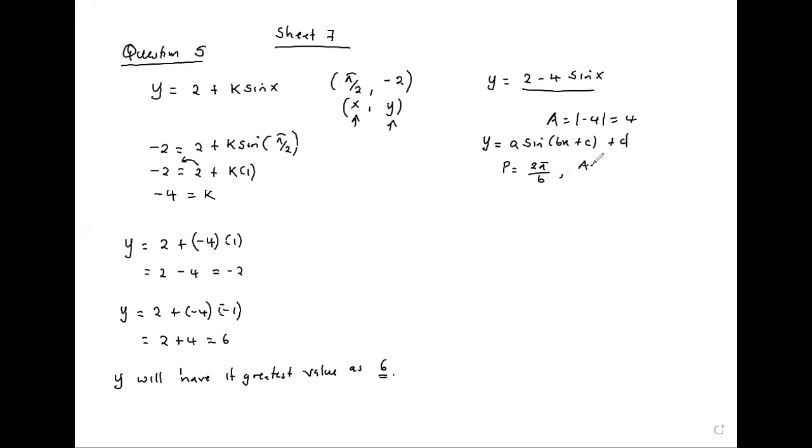The amplitude, the modulus of a, the horizontal shift, bx plus c equated to 0, and then solve for x, which is -c over b, and then d is called the vertical shift.